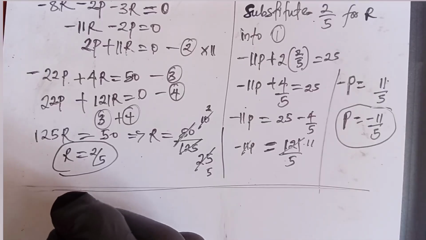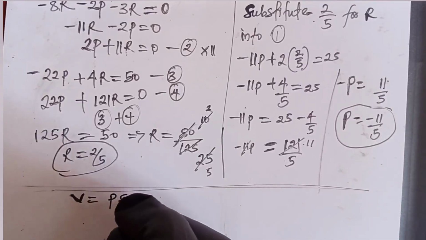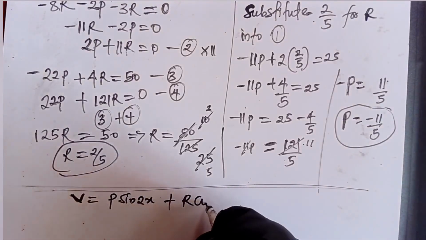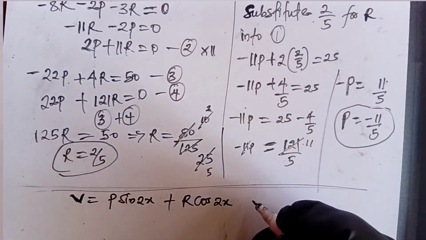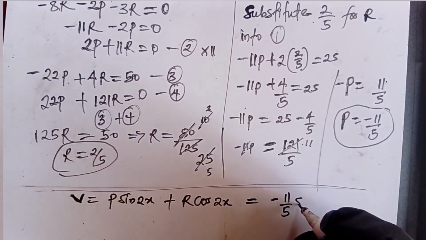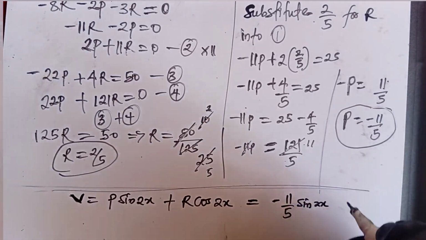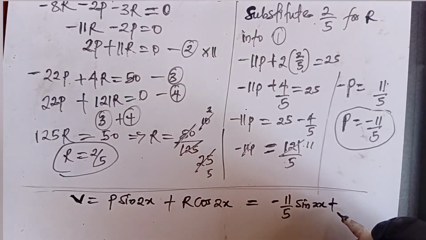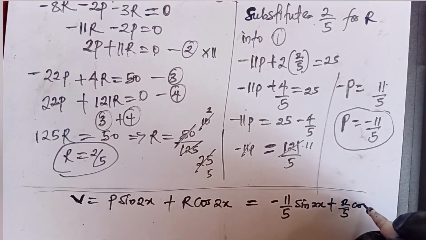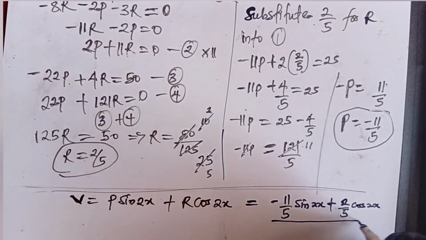The particular integral is p sine 2x plus r cos 2x. p is minus 11 over 5, r is 2 over 5. This is the particular integral.